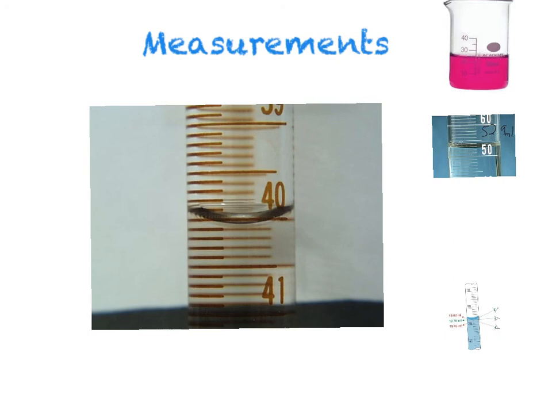So if we're looking at our burette here, we read from the bottom of the meniscus here, but we actually are moving up in volume as we move down the burette. So if we're looking at this one, this would be about 40.5 milliliters.